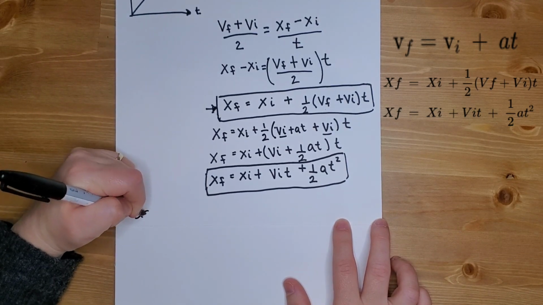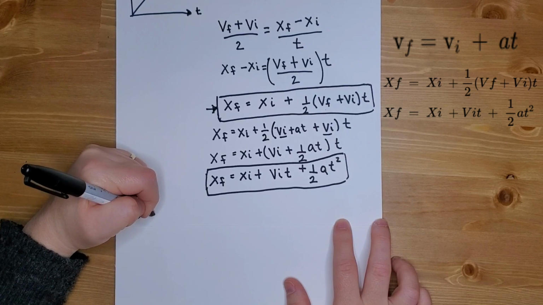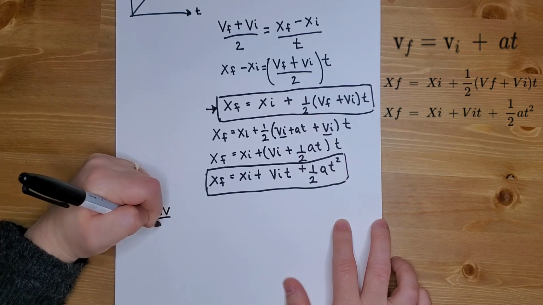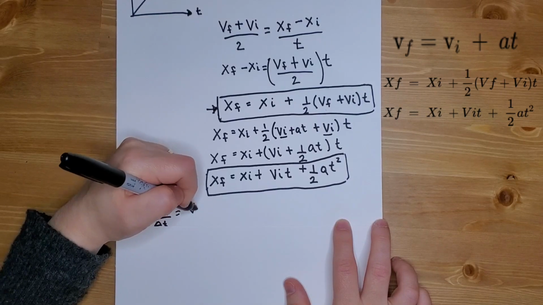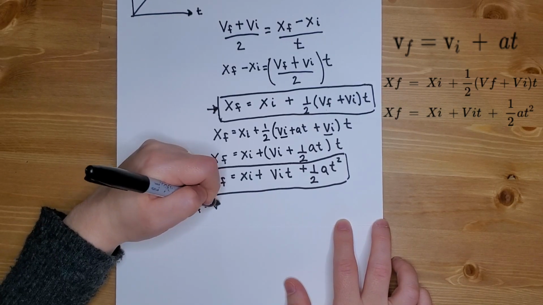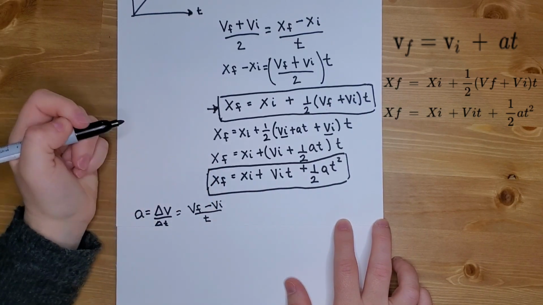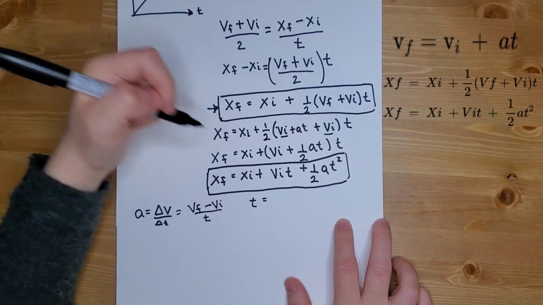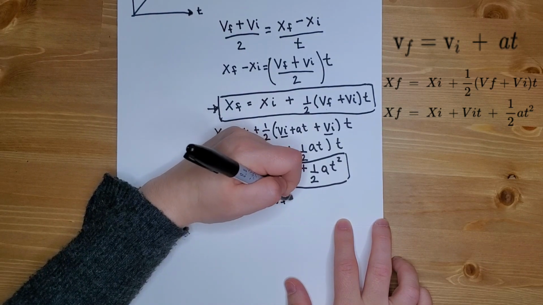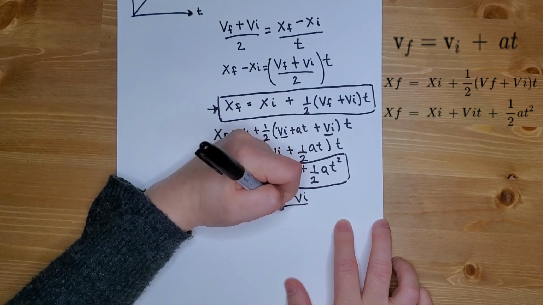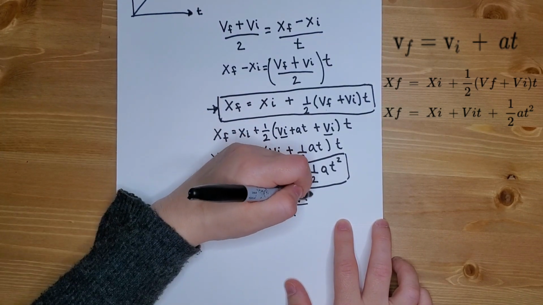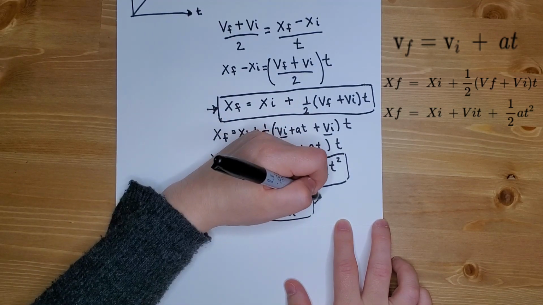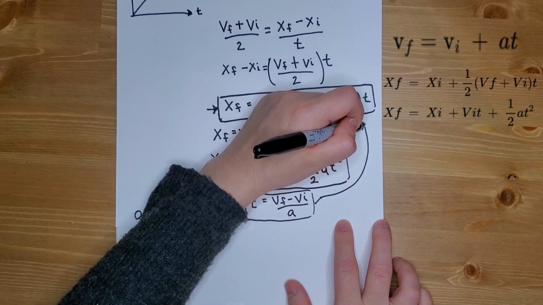It's our acceleration definition, which is equal to my change in v over my change in time, or equal to my v final minus v initial over time. So I want to solve for time, so I can substitute it there: t equals my v final minus v initial over acceleration. So let's plug these back in here.